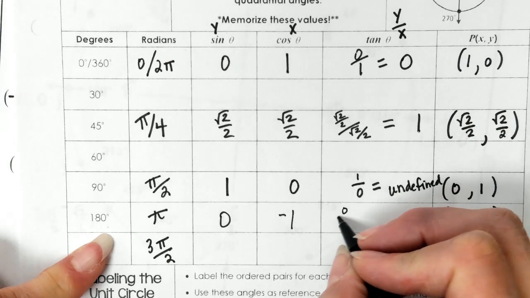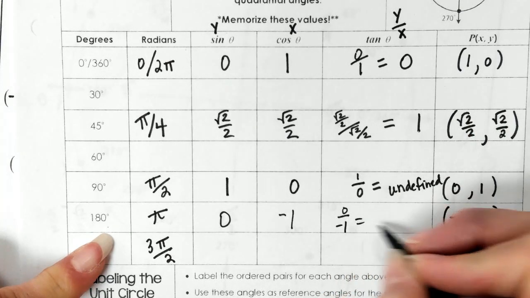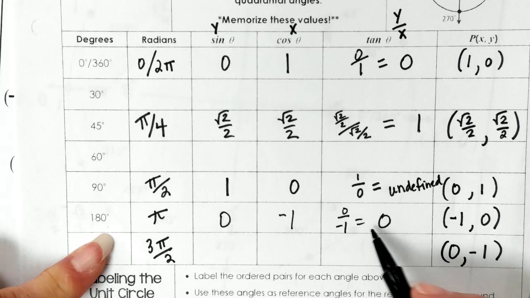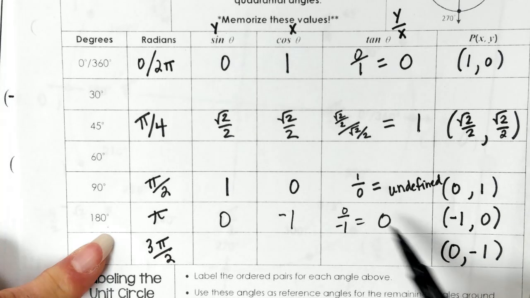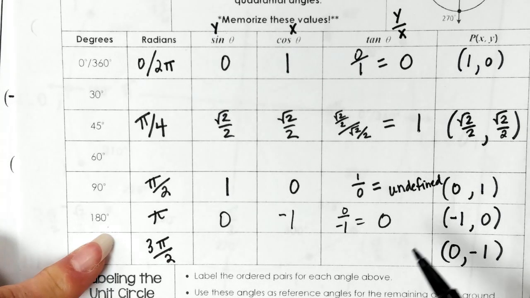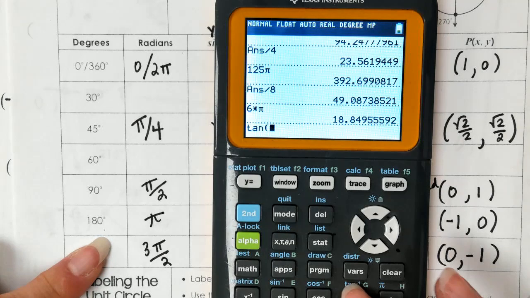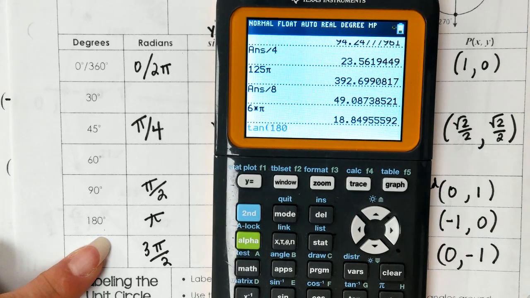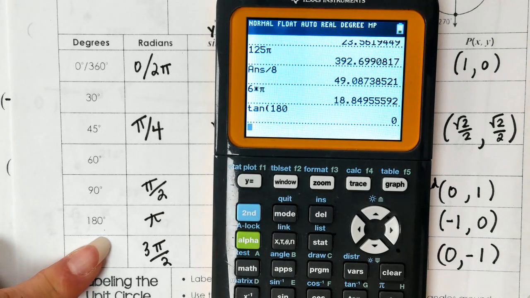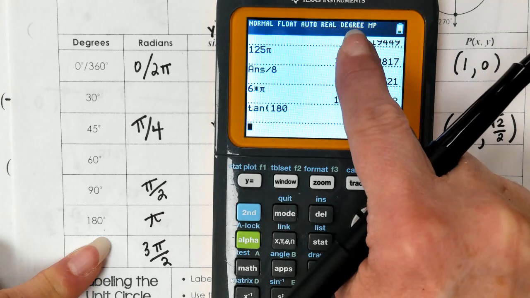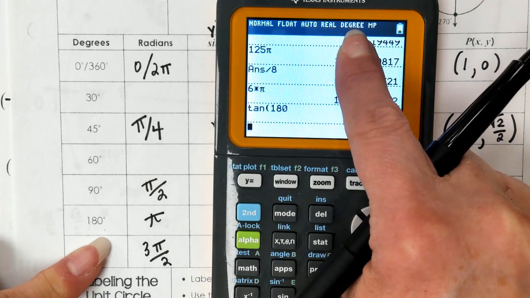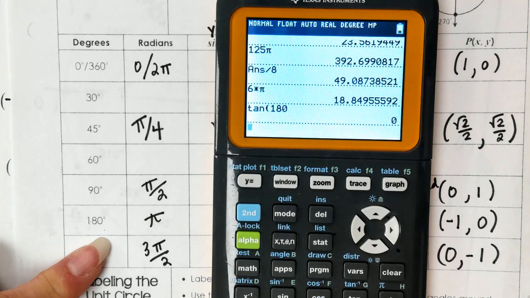If we do y over x and reduce, well, 0 divided by any number is 0. So the tangent of 180 is 0. You could even test a few of these out in your calculator by pressing tangent of 180. Just make sure you're in degree mode. The mode, remember, is found up here. You can tell when you look at that top part of your calculator.